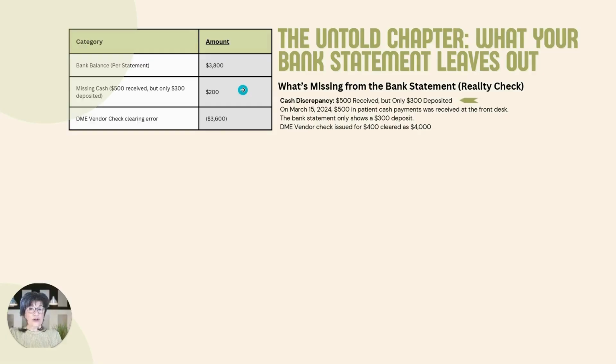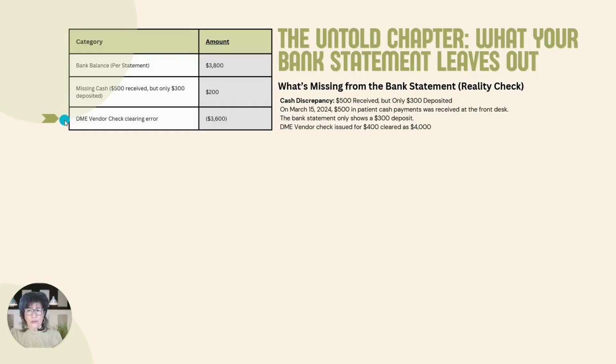So we were missing $200 in cash had we followed just the bank statement. So this is capturing an error. So what happened to the $200? Did it fall out of the deposit bag? Did it accidentally get left in a drawer? Was there employee theft? We wouldn't know that there's a discrepancy unless we had posted it based on our deposits for the day that had been reviewed by your manager or whoever else is doing the reconciliation at the end of the day that is not the employee that took in the cash.